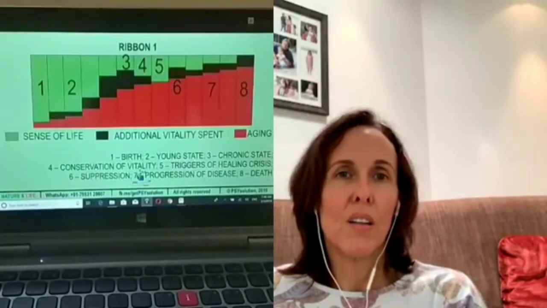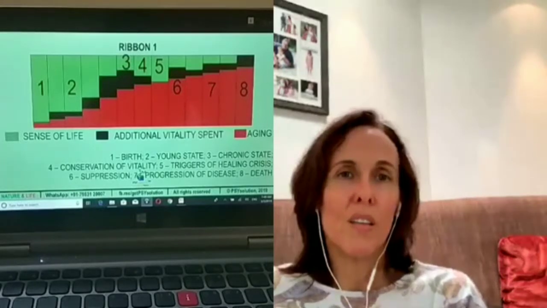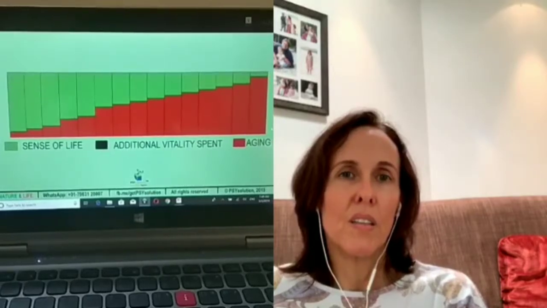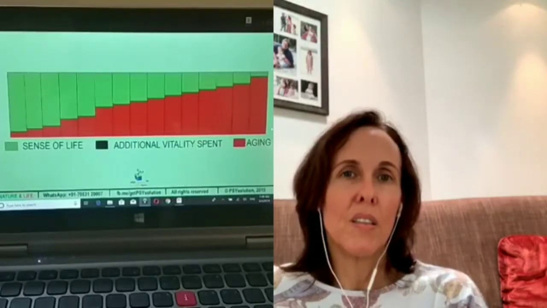So let me flip that camera and I'll show you the ideal case, where there is no black portion. Slowly and gradually the aging will happen, and aging means the complexity of the cells.